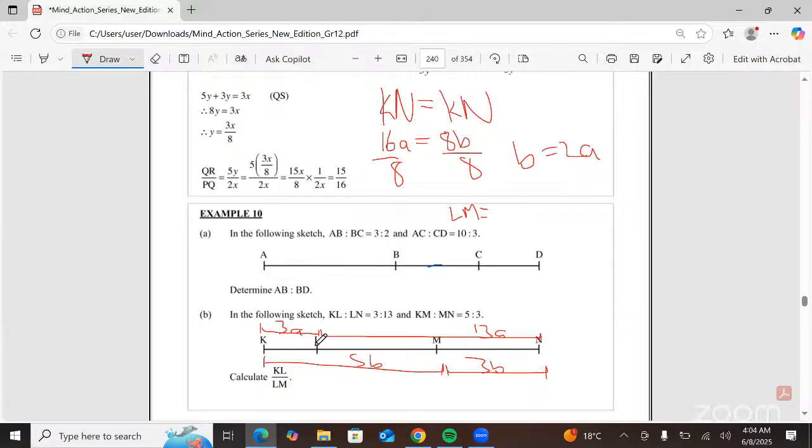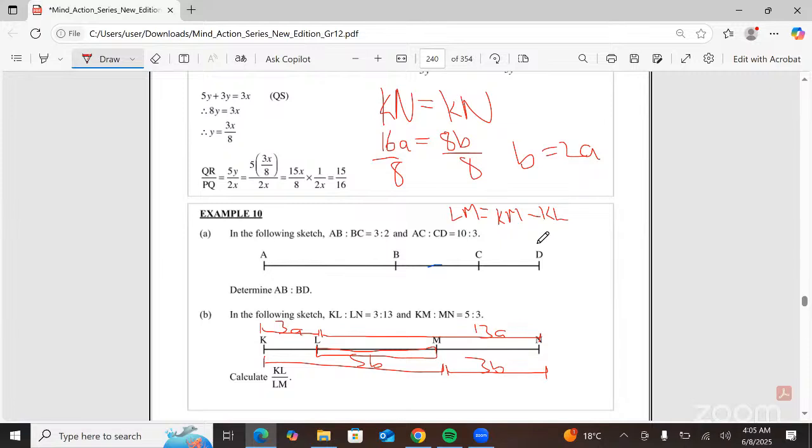So LM, can you see that is this part, right? Yes, sir. You are saying that is KM minus KL, right? Yes, sir. Okay, I love it.